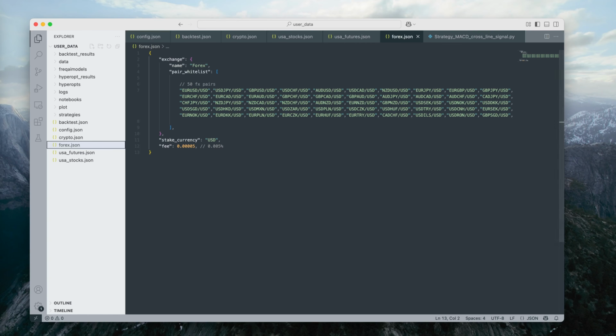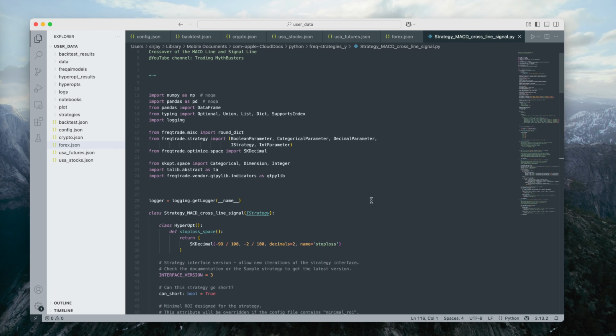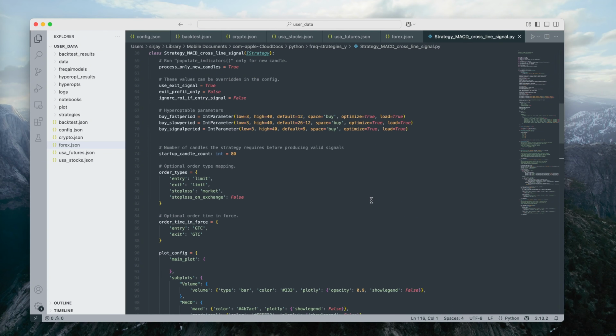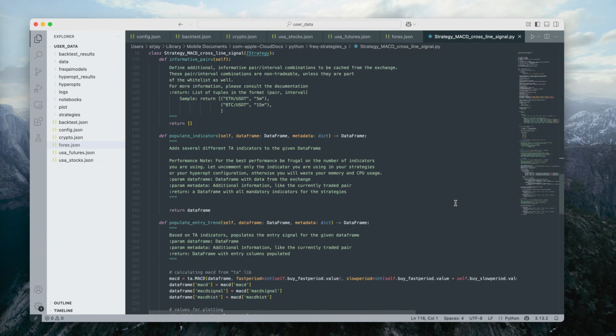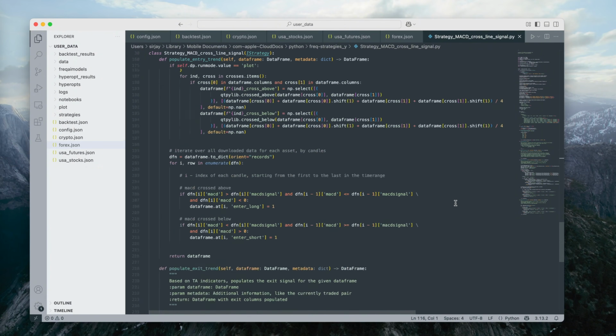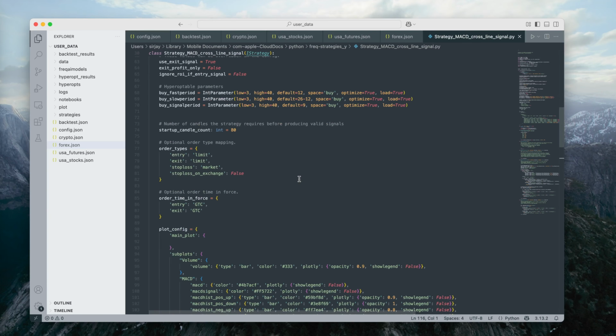Okay, let's go further. Now I open the strategy in the Python code that I wrote, and this is the whole code for the strategy, the crossover of MACD from that YouTube blogger, and let's quickly discuss what it is. These are the main libraries that we connect.